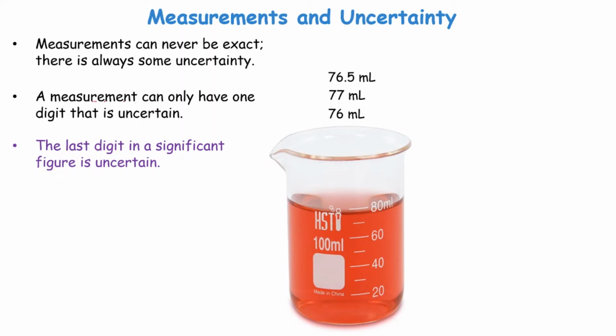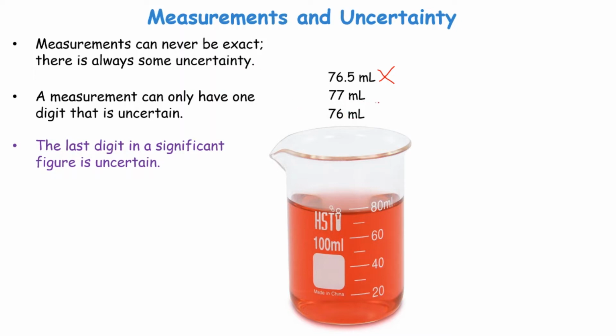A measurement can only have one digit that is uncertain. Remember, the first digit, 70, we know that for sure. It's right here. But the second digit, I already estimated. And if you estimate the third digit, it doesn't make any sense, because the second digit, 76 or 77, is already uncertain.